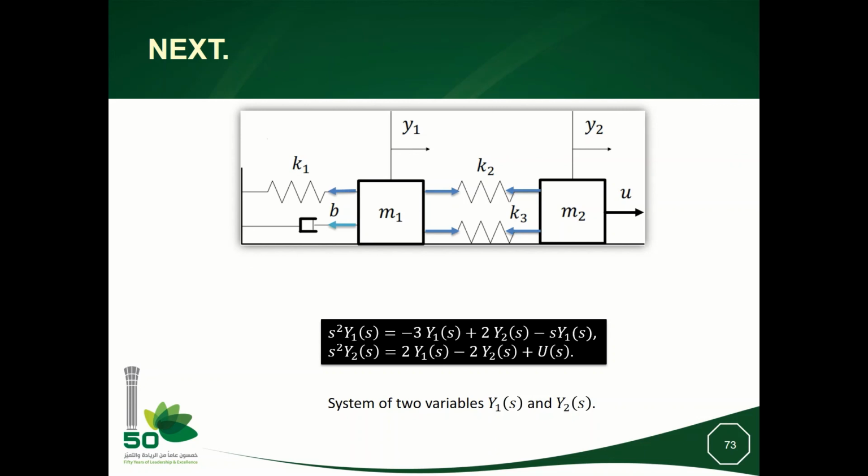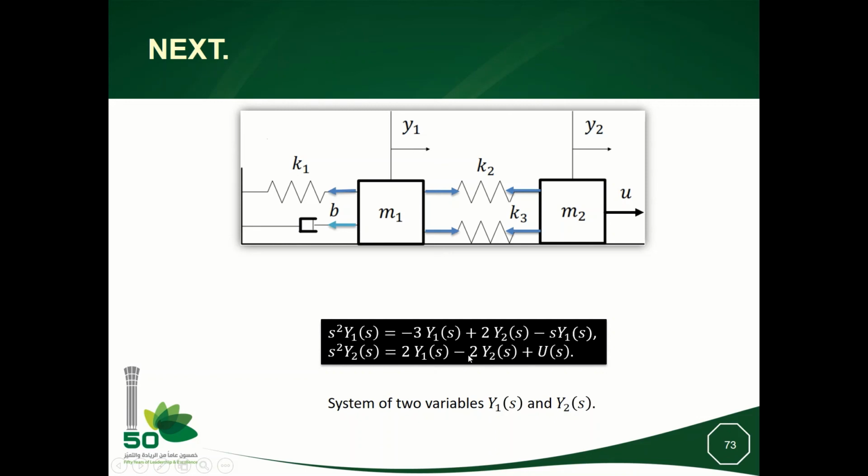I don't forget to put all the initial conditions equal to 0. By applying the Laplace transform, and using the differentiation property, we get these two equations that are coupled.